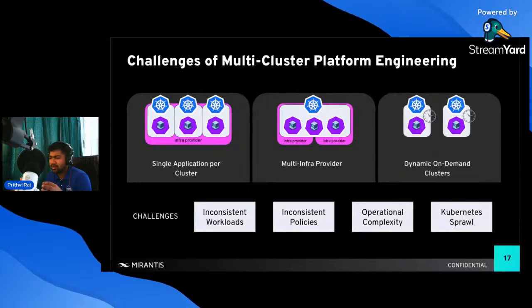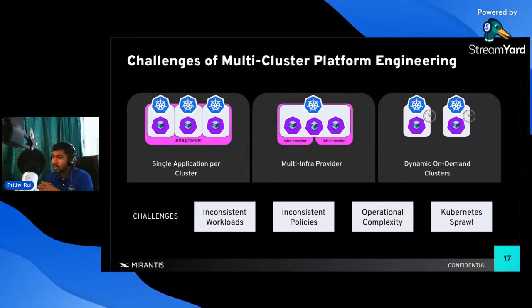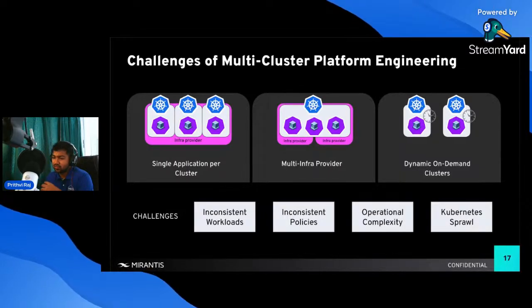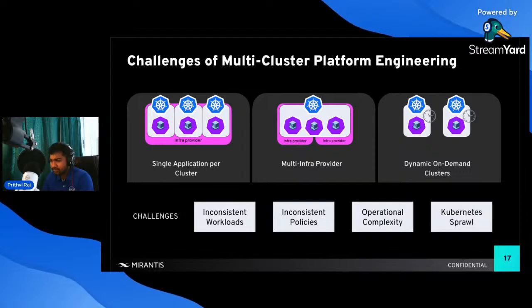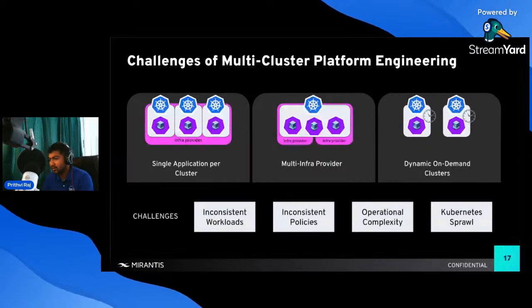Some organizations also use dynamic on-demand clusters. But with multi-cluster deployment come the challenges of inconsistent workloads, policies not being in place, Kubernetes sprawl, non-compliance that comes as a risk, managing becomes difficult, and basically things are everywhere.